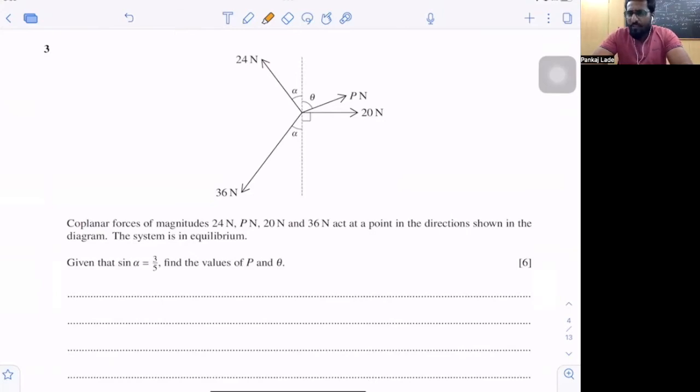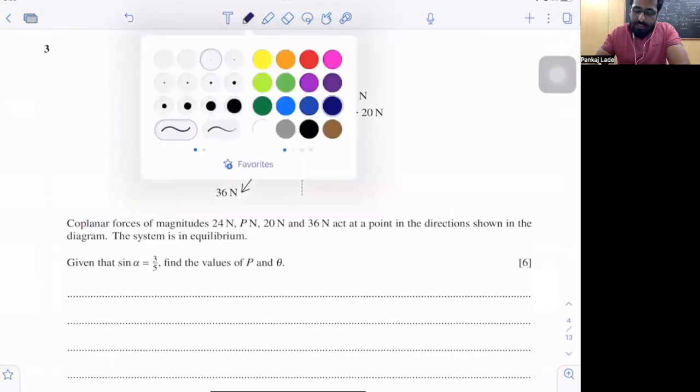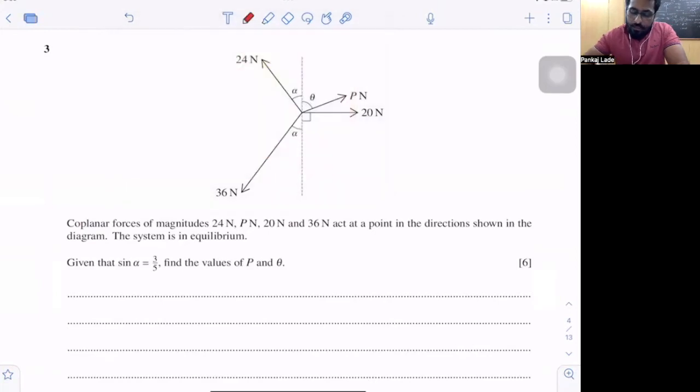So I start with the very first force, which is 20 Newton. No need to resolve 20 Newton. It is directly lying along the x-axis, right? So there is no resolution of the 20 Newton force. But look at P newtons. So P newtons will get resolved. So what I'm going to do here is I'm going to just extend this P Newton a little further.